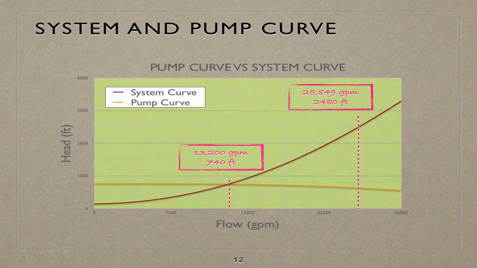In this case, we are getting 13,200 gallon per minute when we require 25,850.